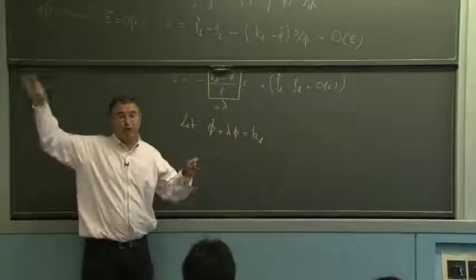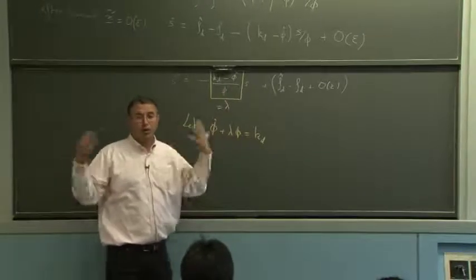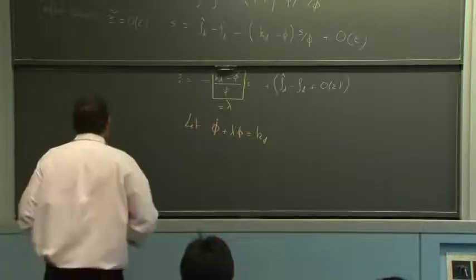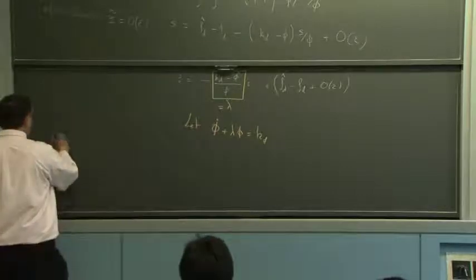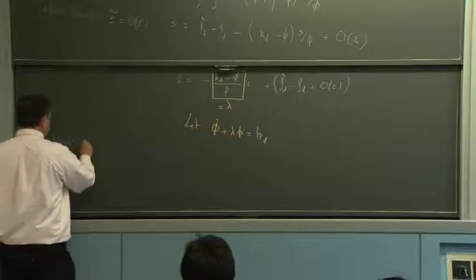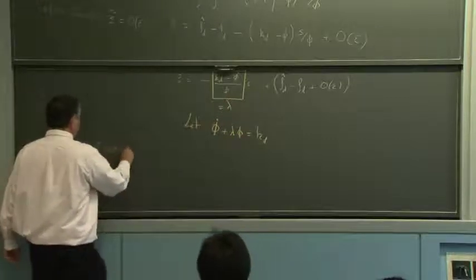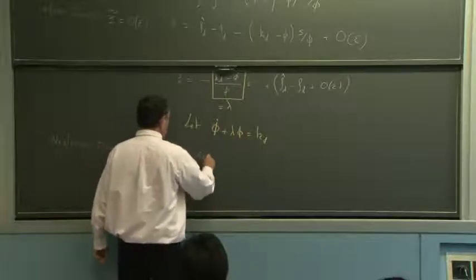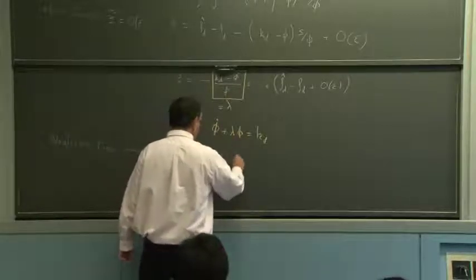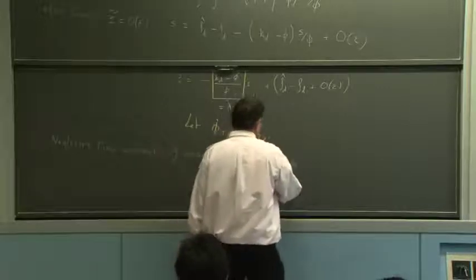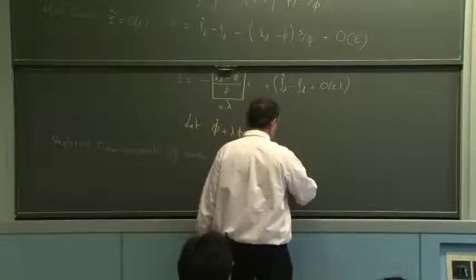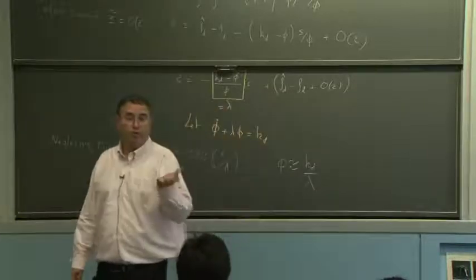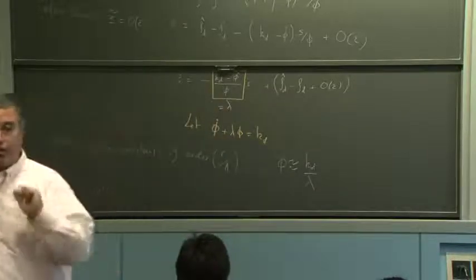Of course, nowhere near as fast as the unmodeled dynamics, but still, system is reacting well. So if we neglect time constants of the order of 1 over lambda, then very, very roughly speaking, it means that phi is like KD over lambda, right? There's not much of a filtering and you just get the DC term.